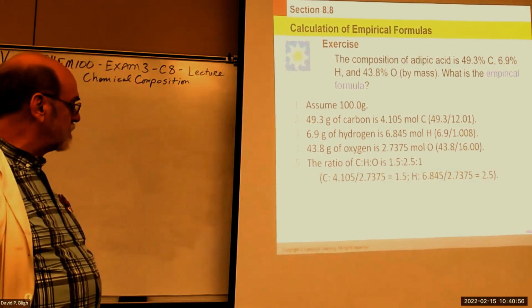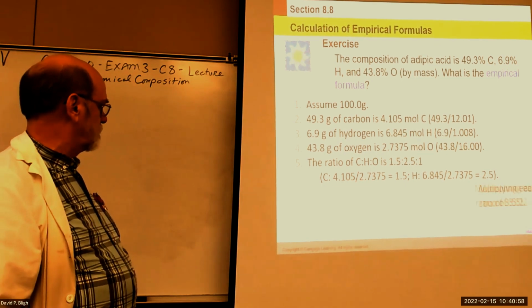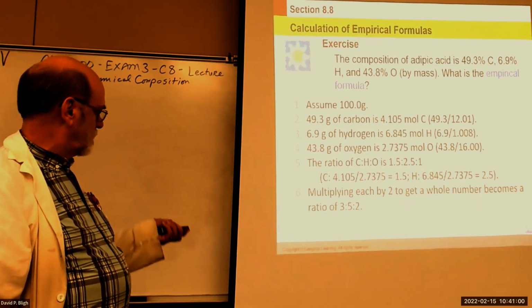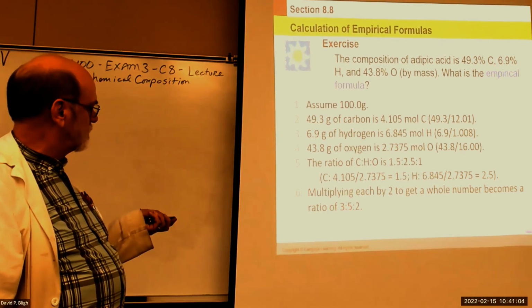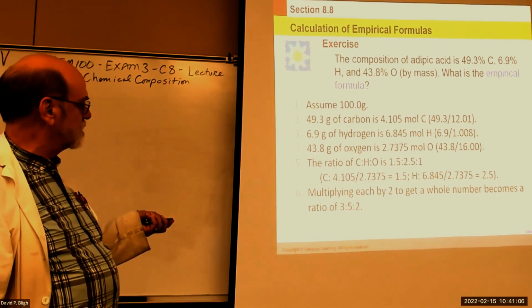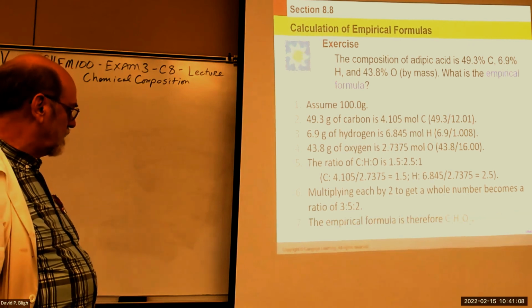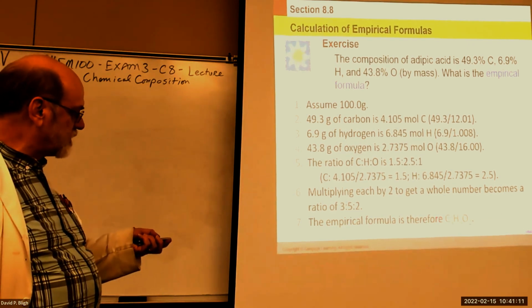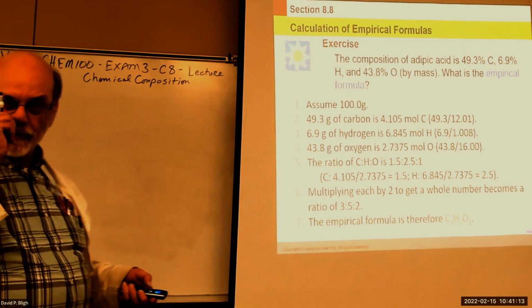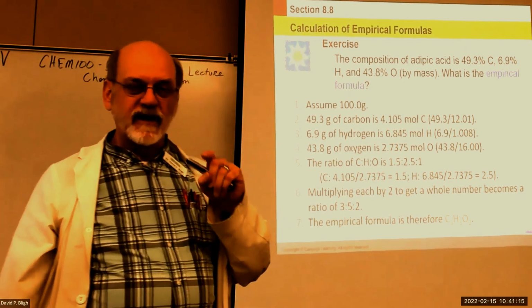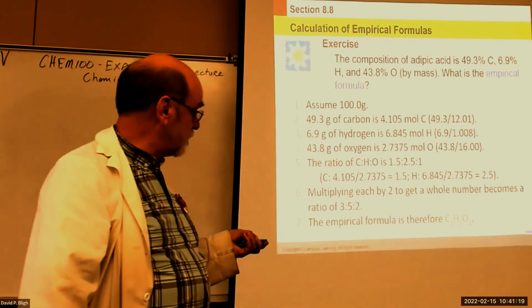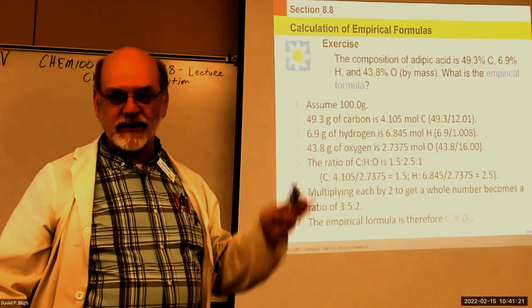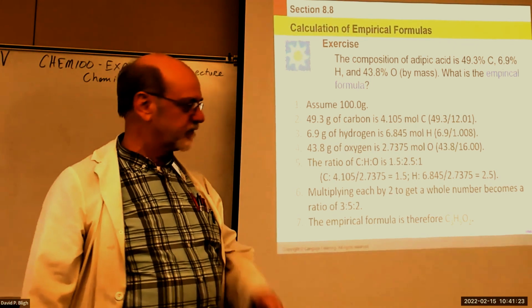So times 2 would give us a ratio of 3, 5, and 2. 3 carbons, 5 hydrogens, and 2 oxygens. And our formula would look like this, our empirical formula. Then, of course, you ask yourself, can I simplify it any further? Well, 3, 5, and 2, they're all prime numbers. No, you can't simplify it any further.